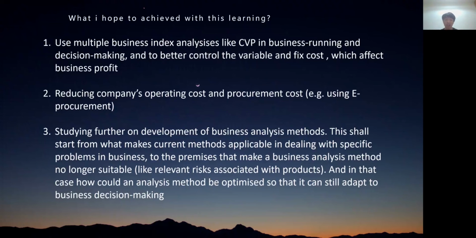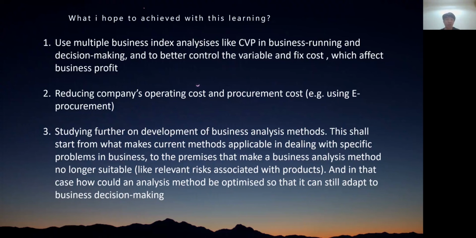This is thanks to the development of technology, and it is what we have to be concerned with in today's business competition. Those who take the step ahead of the others will probably take the advantage and stand out.